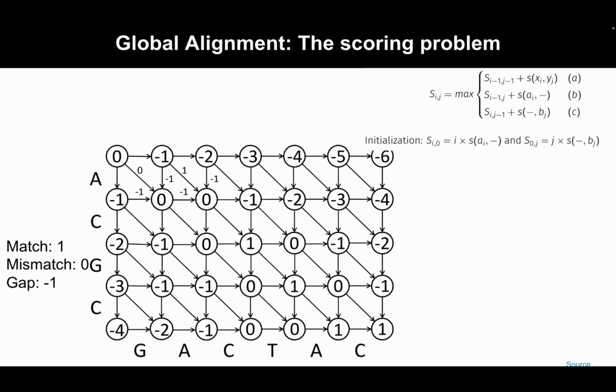Whenever we align a base to a dash, generally in biology, deletions are not very preferred, because if a deletion happens, for example, let's say if this is a start codon, and the deletion happens here, it changes the entire meaning of what this codon is.